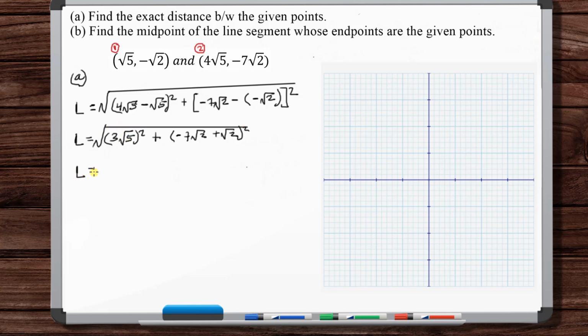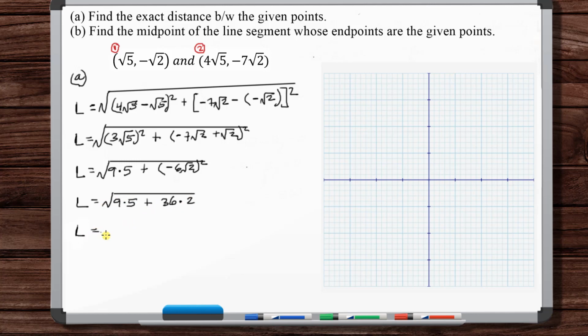Okay. So 3 root 5 squared is 9 times 5, plus minus 7 root 2 plus root 2 is minus 6 root 2. Okay, so 9 times 5 plus, so minus 6 root 2 squared is 36 times 2.